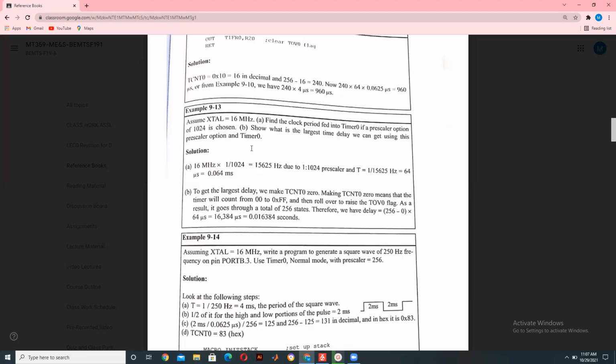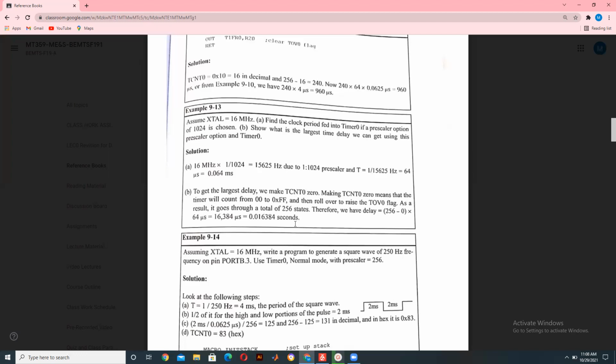The answer would be 15,625 Hz. Then we take 1 divided by this frequency, and we would get the time of 64 microseconds, which is 0.064 milliseconds.